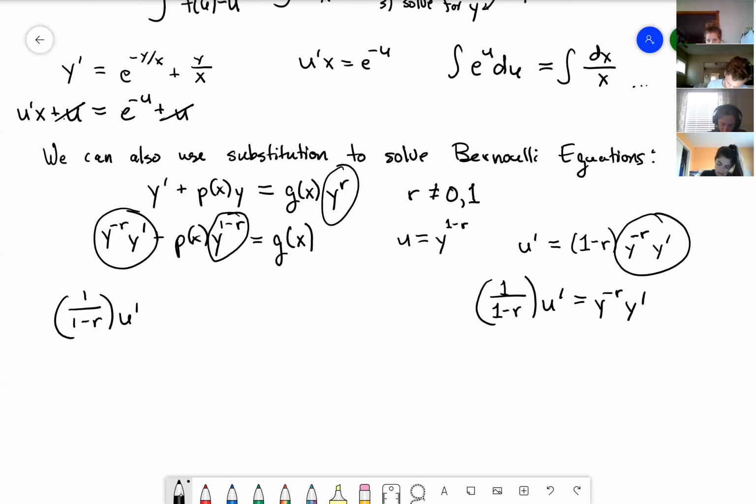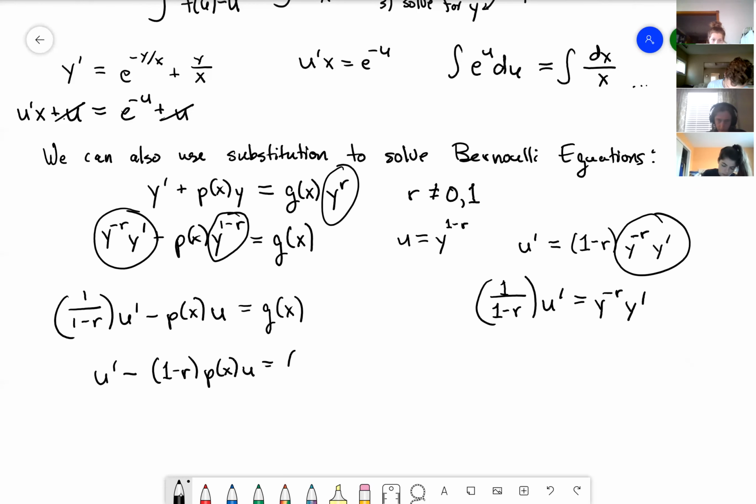The second term we can replace with minus p of x u, and q of x can just stay q of x. And now if we multiply through by 1 minus r, what we're left with is u prime plus 1 minus r p of x u equals 1 minus r times q of x. And this is linear.